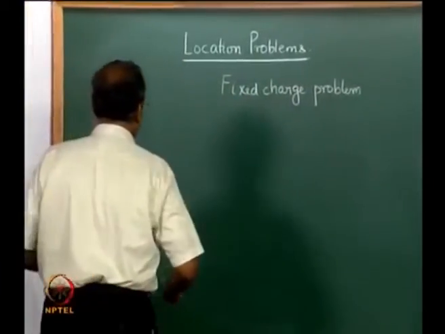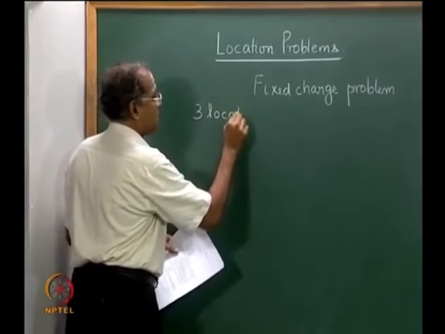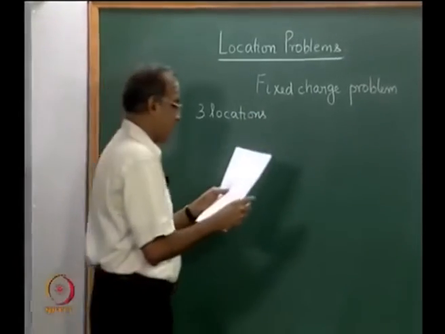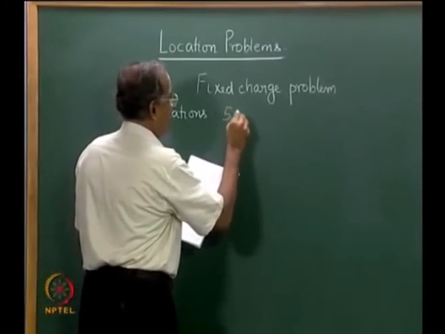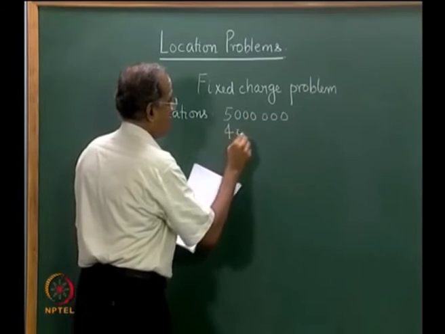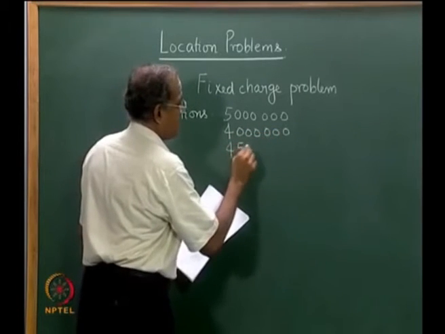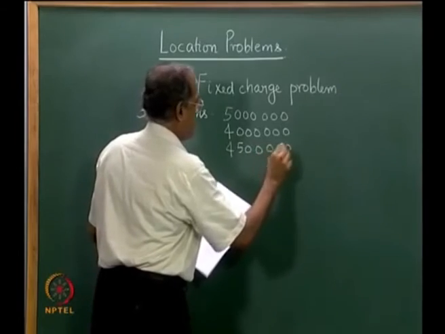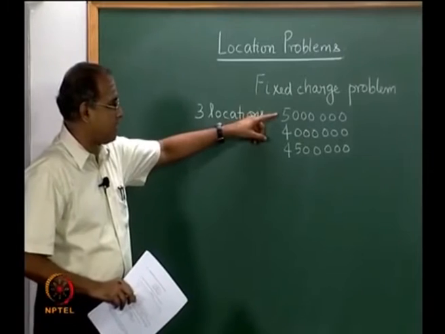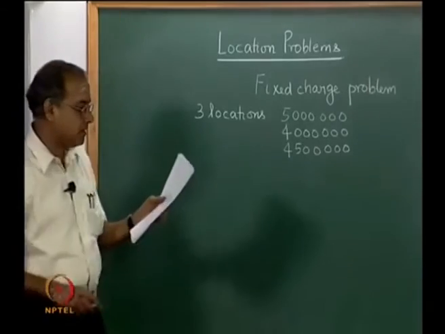Now, let us consider three locations and the fixed cost to locate in these. The fixed costs for the three facilities could be taken as 5 million, 4 million and 4.5 million.